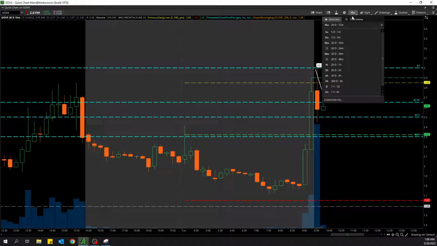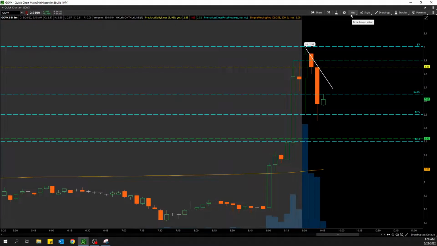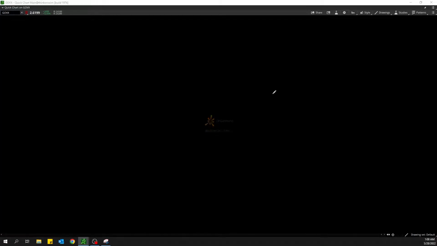Still no real pattern. So you have to go back to the 5 to kind of get an idea. And since we haven't had something to pull back into it right now, looking at that 1 minute is where it's at at this point in time. So I'm going to fast forward to 10 o'clock so you can kind of see how things form.